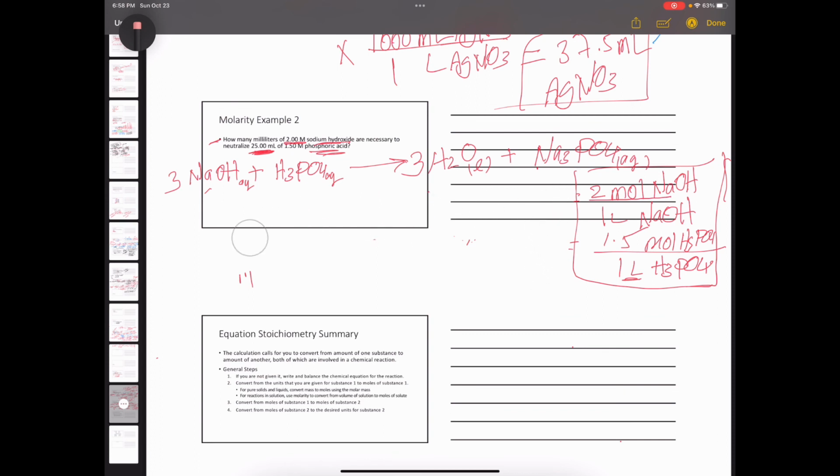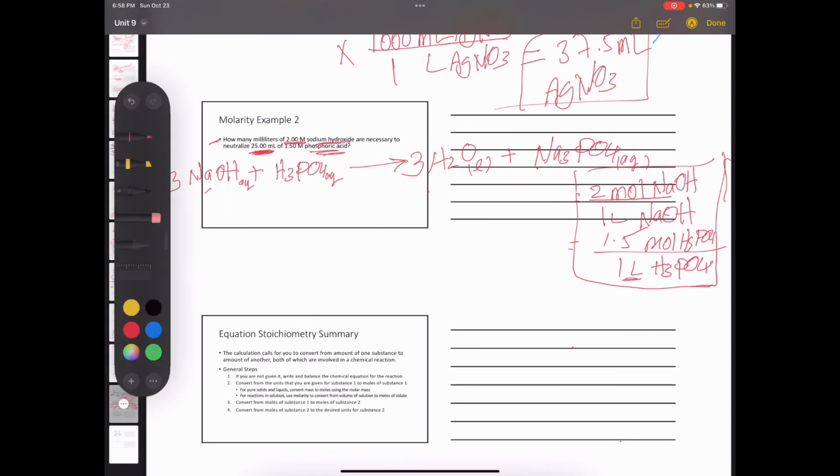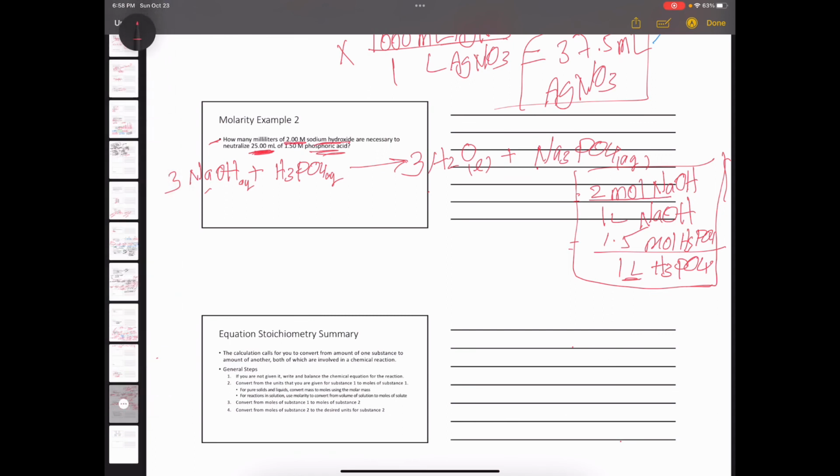So I am starting with milliliters of phosphoric acid. How many milliliters of phosphoric acid are we starting with? We're starting with 25 milliliters of phosphoric acid, H3PO4. I need to convert this milliliters into moles. How do I do this? By using the molarity, because I have the molarity here for phosphoric acid. It's 1.5 moles phosphoric acid per 1 liter solution of phosphoric acid.